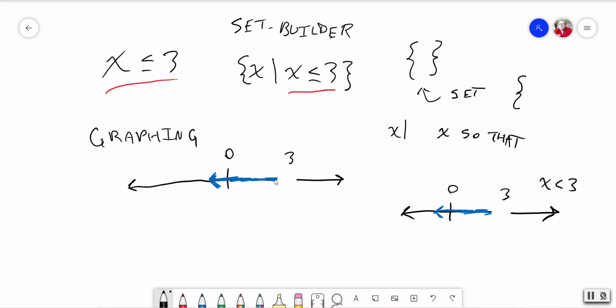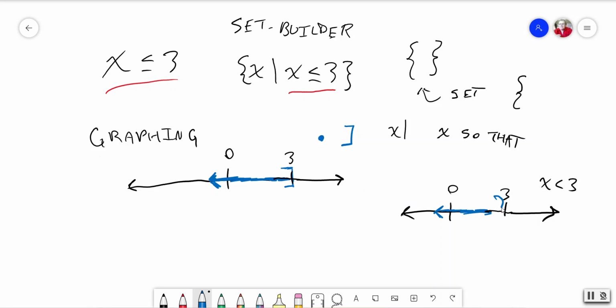A solid dot is the same as a square bracket. And then you could use a round parenthesis here. So the open circle and the round parenthesis mean the same.